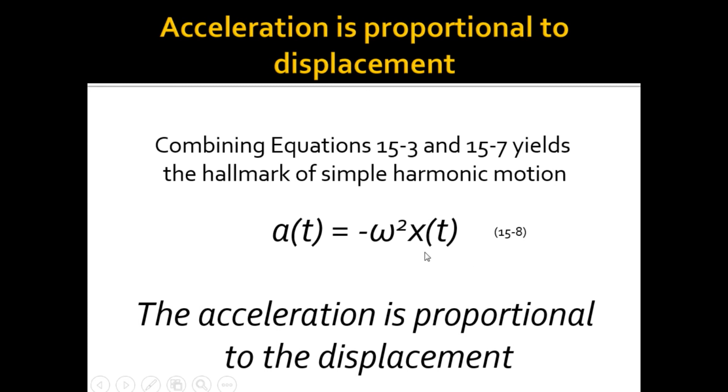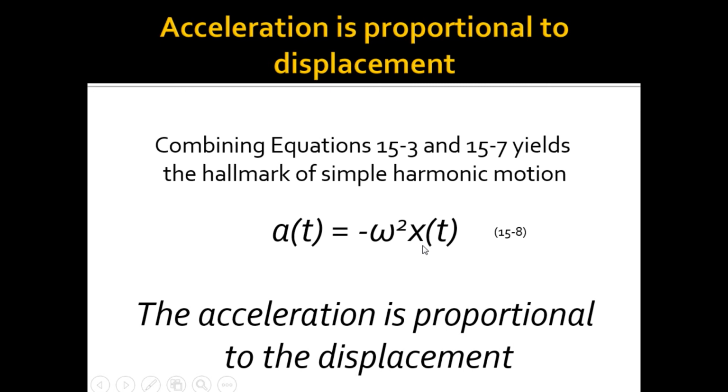So if my spring is displaced in the positive direction, the direction of the acceleration will be in the negative direction, and vice versa. If I'm displaced in the negative direction, the acceleration will be in the positive direction. And you know that acceleration and the force that causes acceleration are always in the same direction. So that means the force is always in the opposite direction as the displacement.